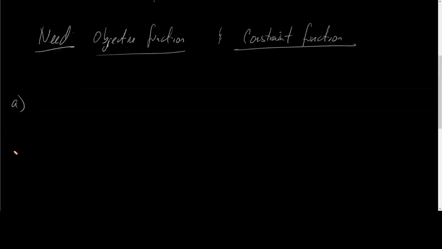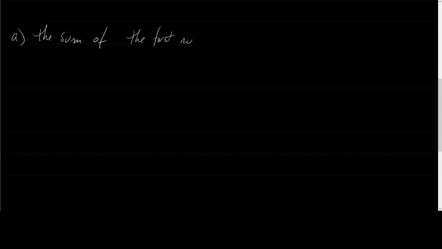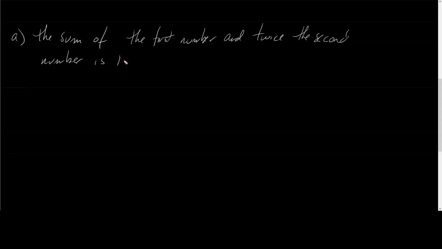So here we go. The sum of the first number and twice the second number is 108.